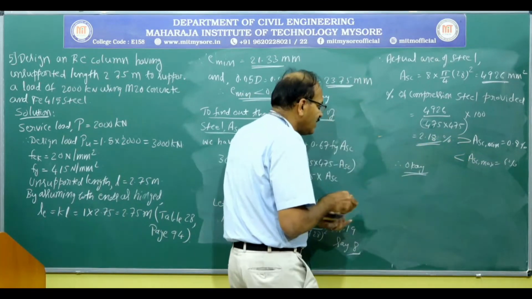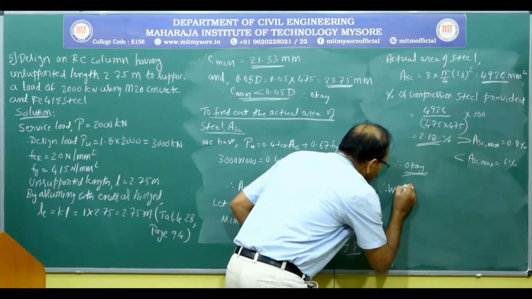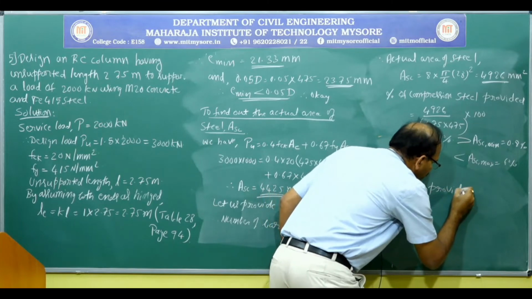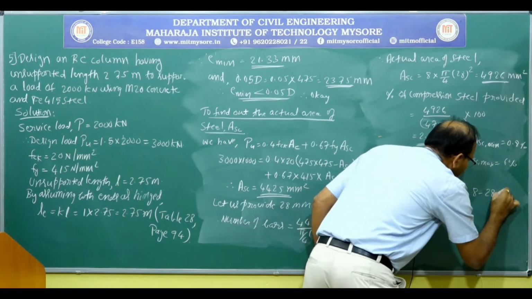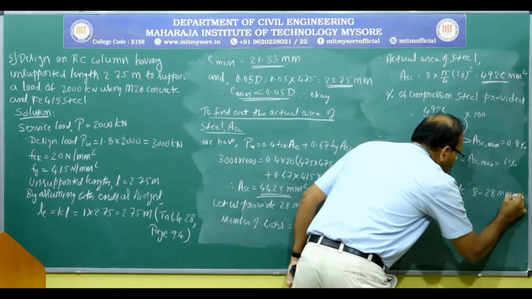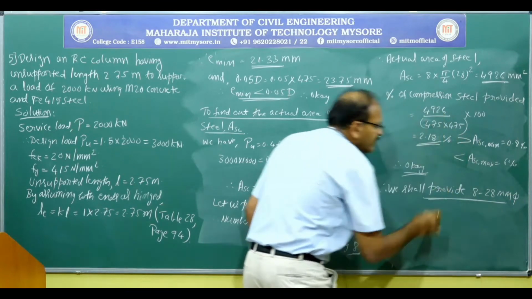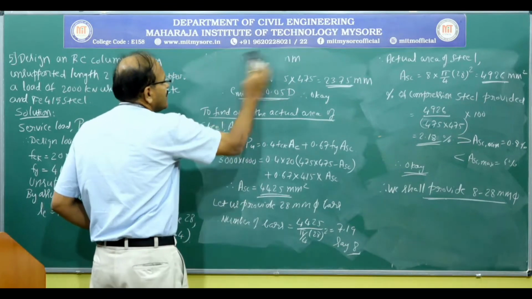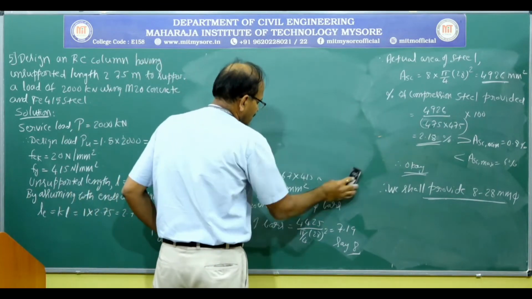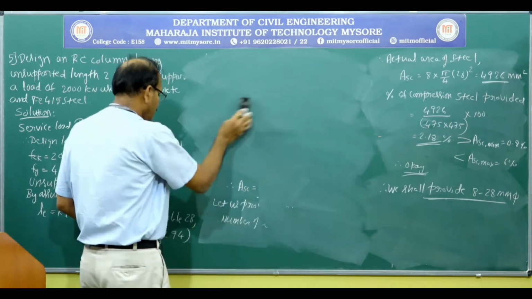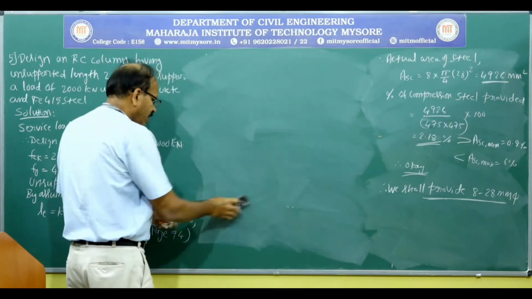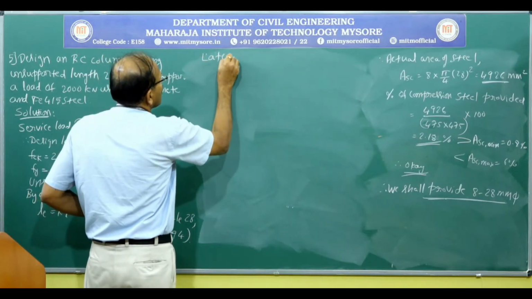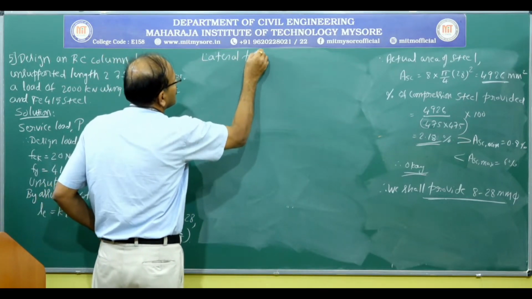Therefore, we shall provide 8 bars of 28 millimeter dia. Once this is done, the next problem is to provide lateral ties.